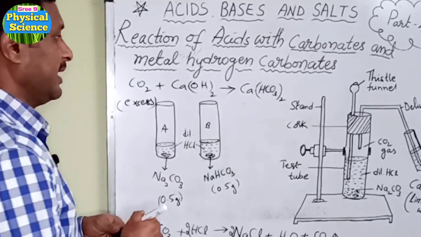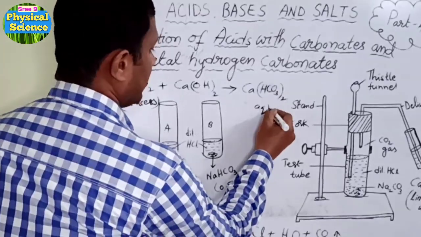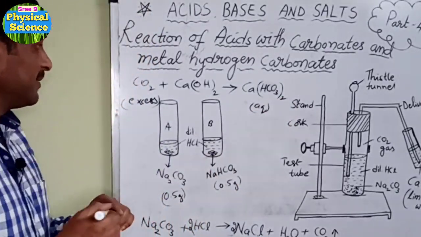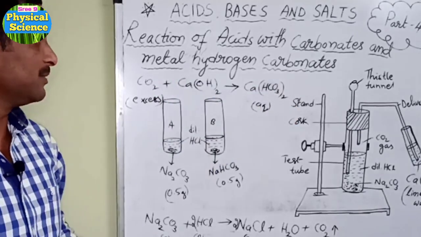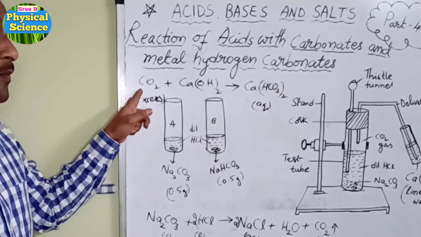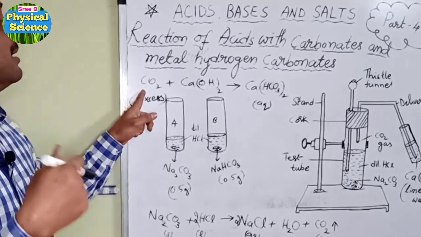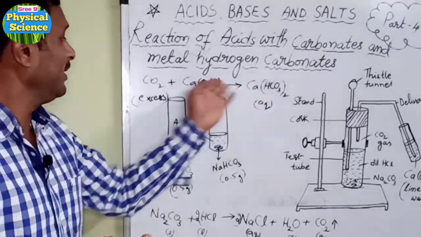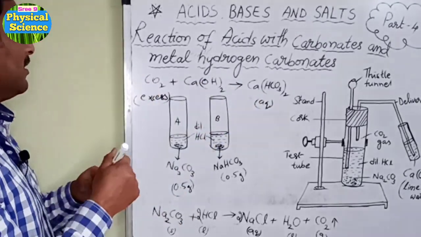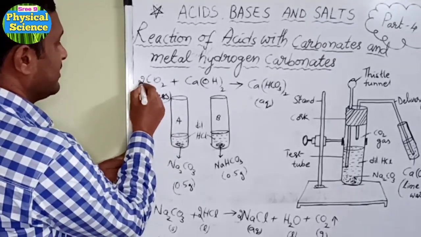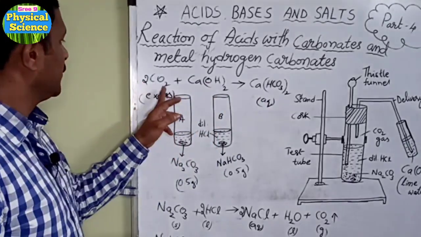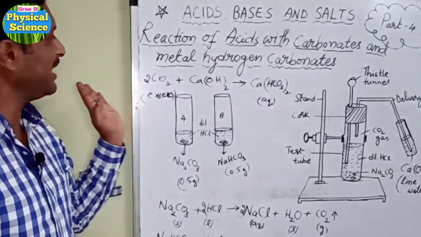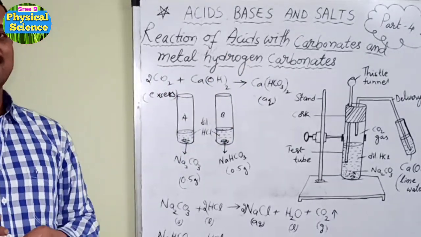Calcium hydrogen carbonate, which is aqueous. So you may get a doubt that, sir, we have taken 2 O's, 2 O's, 4 O's, but 2 3's are 6 O's. But here we are saying that excess of carbon dioxide means excess. So carbons also maybe can be balanced here, I think. Let us see. 2 C's, 2 2's are 4, 4 plus 2 is 6. It is balanced, right? Correct.